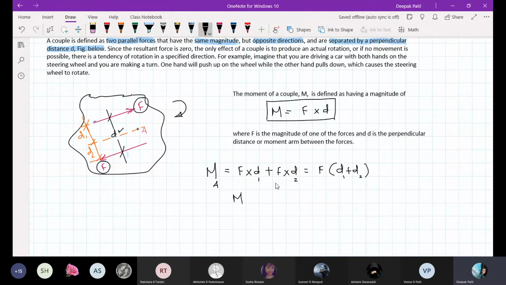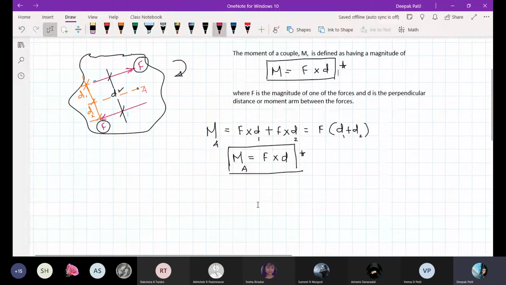So moment at A is equal to force multiplied by, what is D1 plus D2, students? D, right? So it is multiplied by D. You can see both of them are the same. So the moment of a couple at point A is F into D.